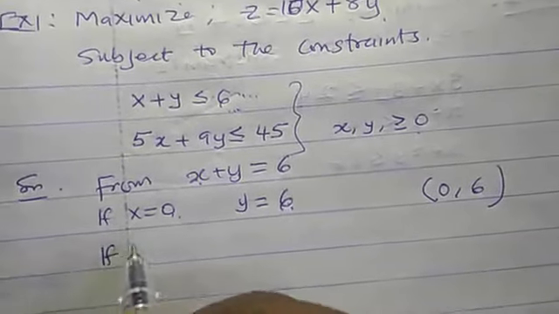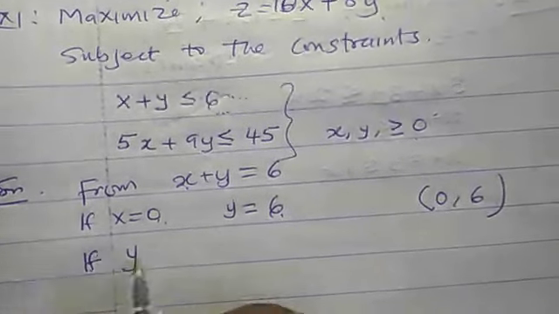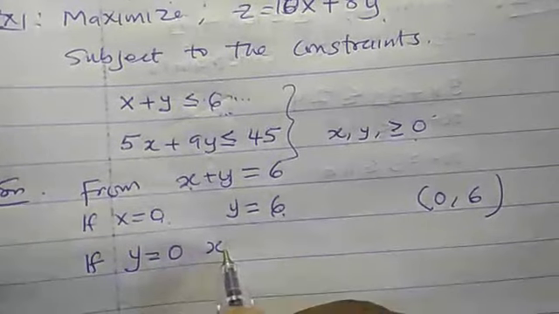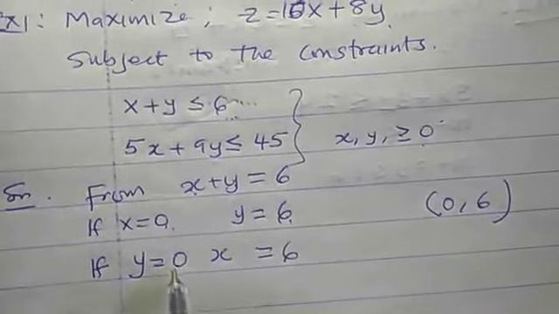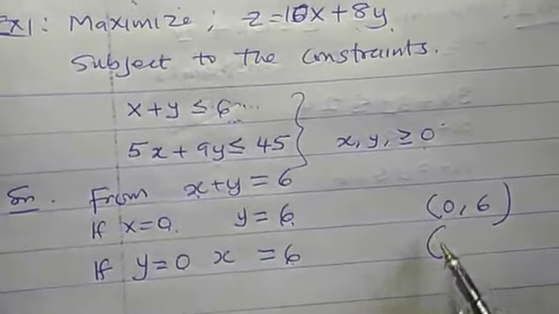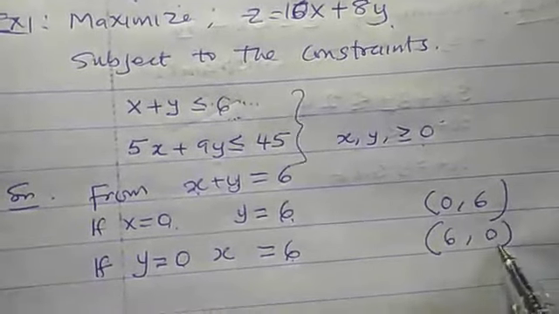Also, if y is 0, what you are going to have left is x equal to 6. So that one will be (x, y) equals (6, 0).